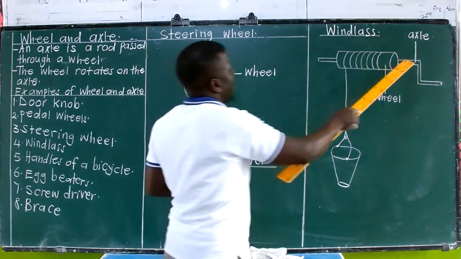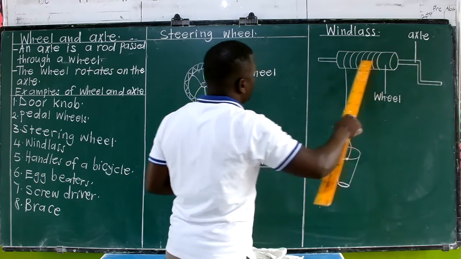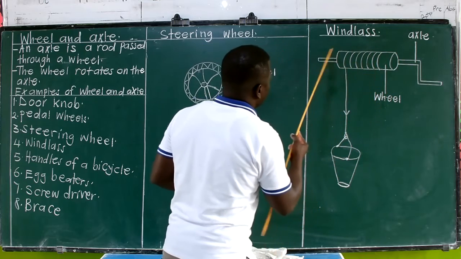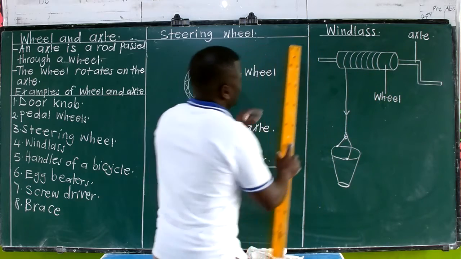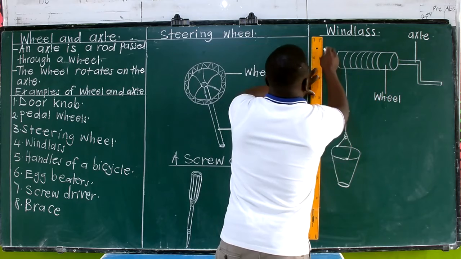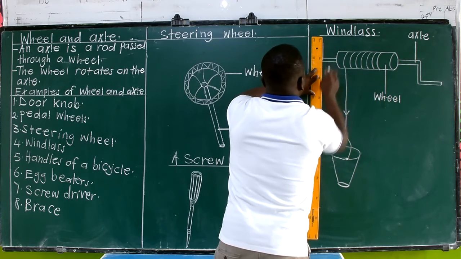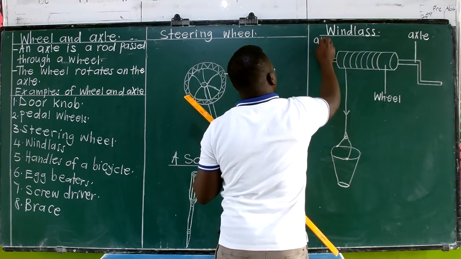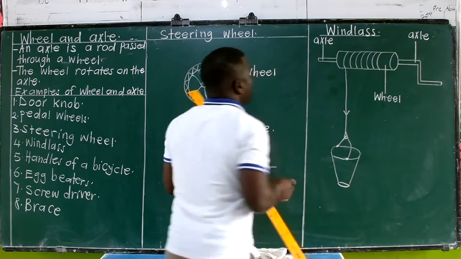So the axle is that rod which goes through the wheel. So this is a wheel, then this one is the axle. That's why it's called wheel and axle.